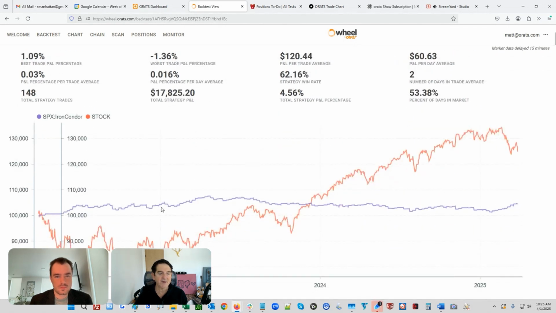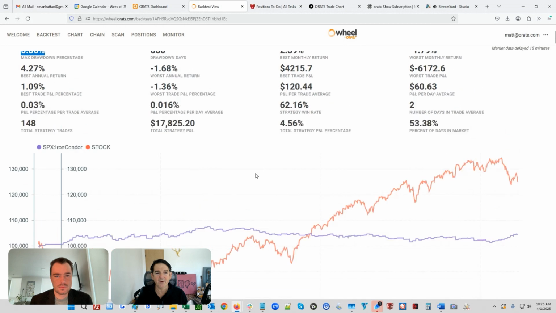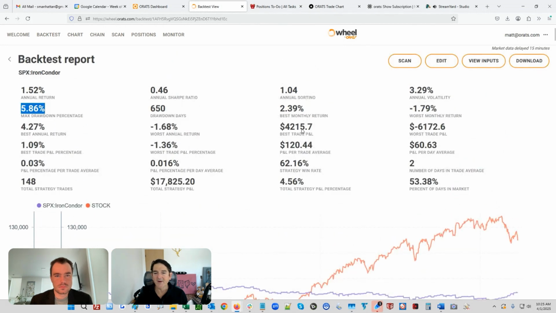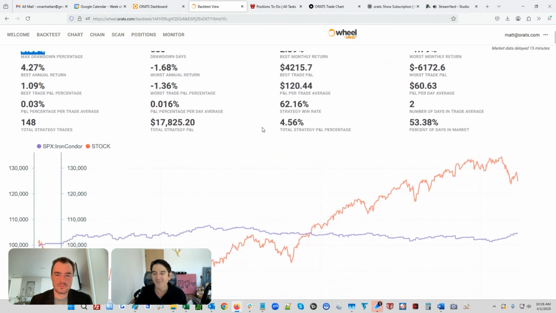So here's how the strategy did okay. I mean, we haven't really optimized it. This is just kind of a starting point for people to start to test how they want to do a double diagonal, because with double diagonals there are so many different things that you could adjust, a lot of moving parts.